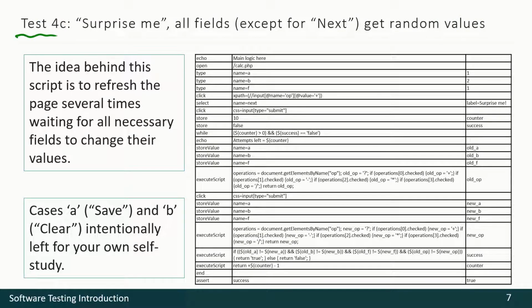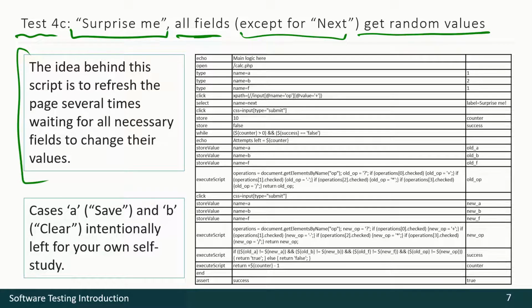The fourth test case is about the Surprise Me value in the next actions. It means that all fields except the next field should get random values after the page is reloaded. The idea here is to submit the form several times, waiting for all necessary fields to change their values.